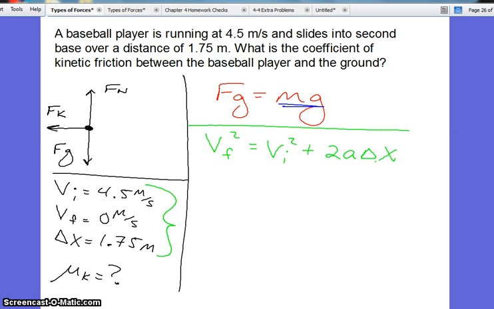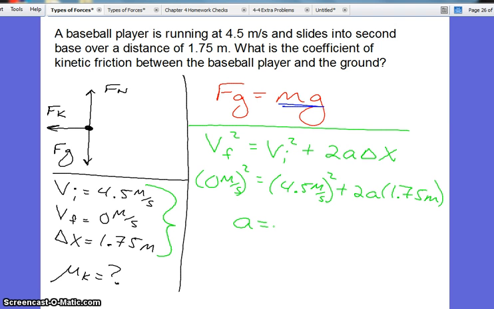That's the equation we're going to use. I know Vf is 0. I know Vi is 4.5. And I know delta x is 1.75. So now I can solve for the acceleration, and I get negative 5.79.